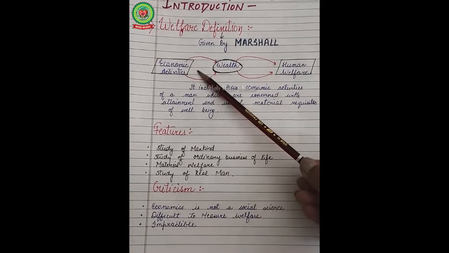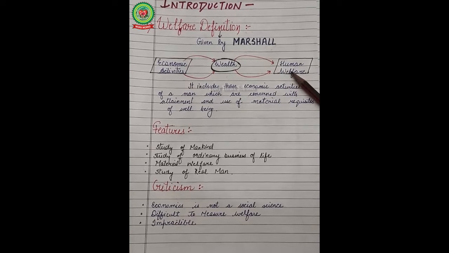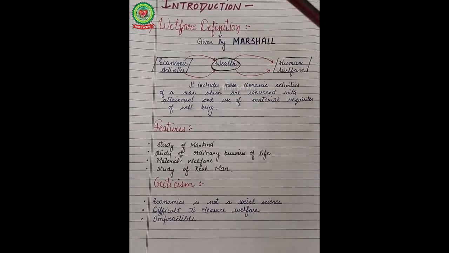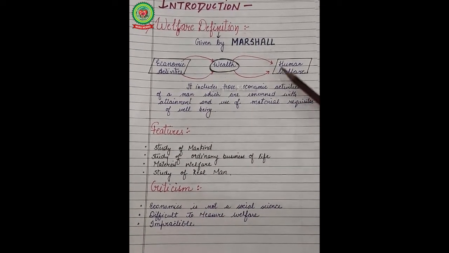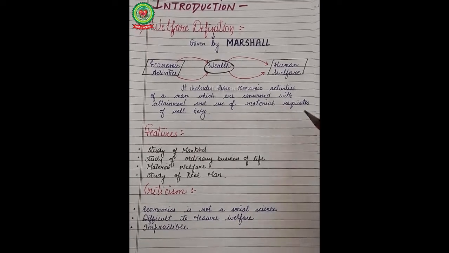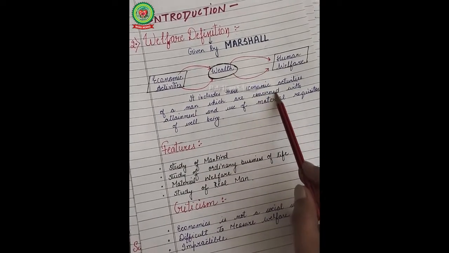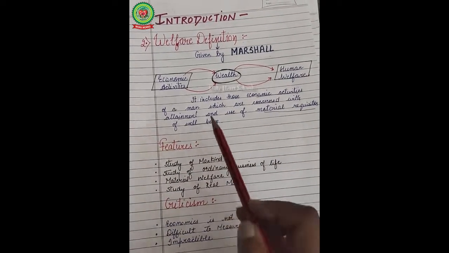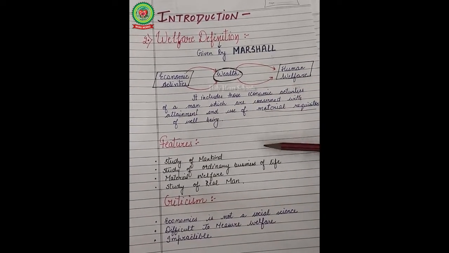Economic activities that help to get money or wealth give us welfare, meaning the satisfaction gained through the achievement of material goods. As Marshall said, it includes the economic activities concerned with the attainment and use of the material requisites of well-being, meaning the satisfaction that we get from the goods. Clear?